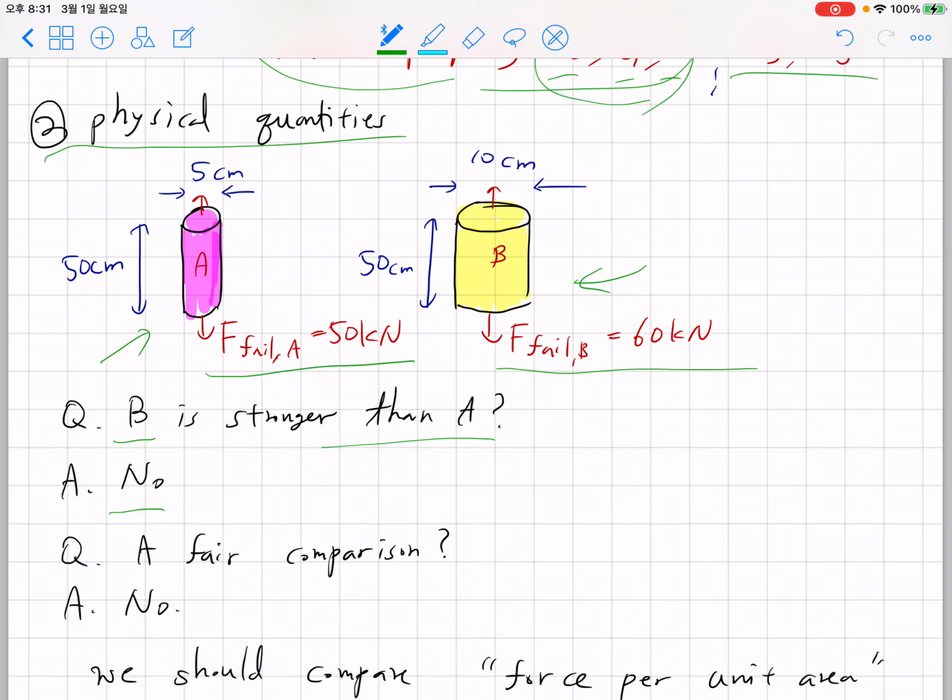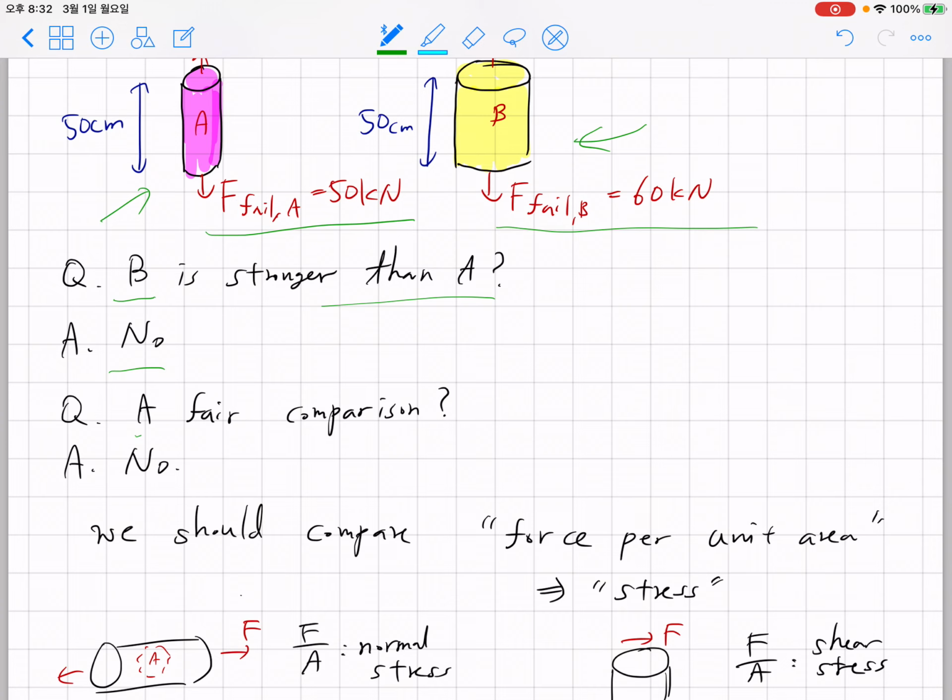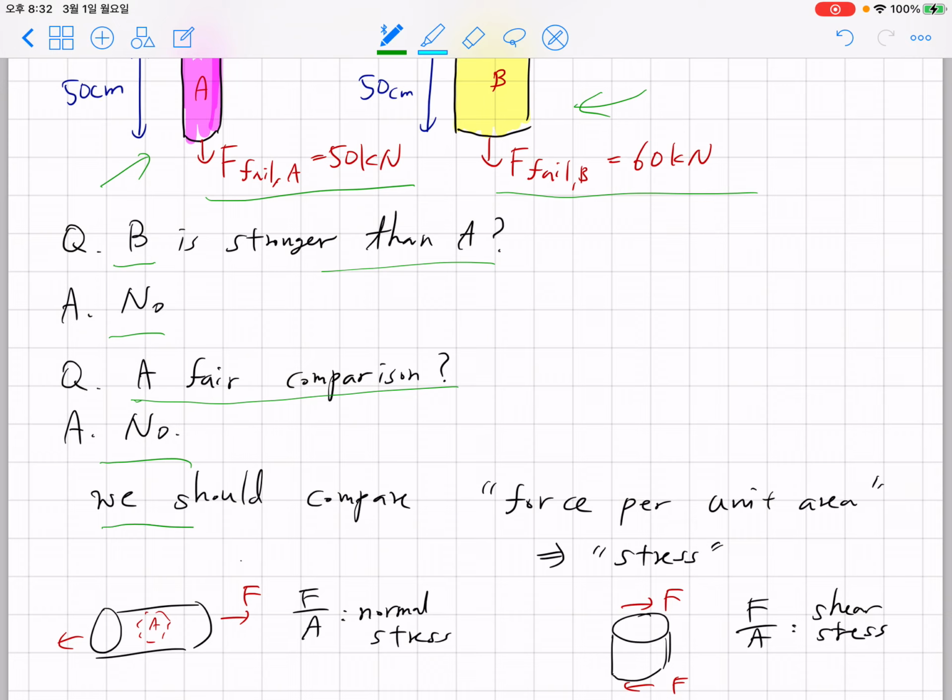However, if you compare fairly, you can of course see that steel is stronger. So stress is necessary for making a fair comparison, right? The second question I can ask is: is this a fair comparison? Of course not. So what we have to do is compare force per unit area.